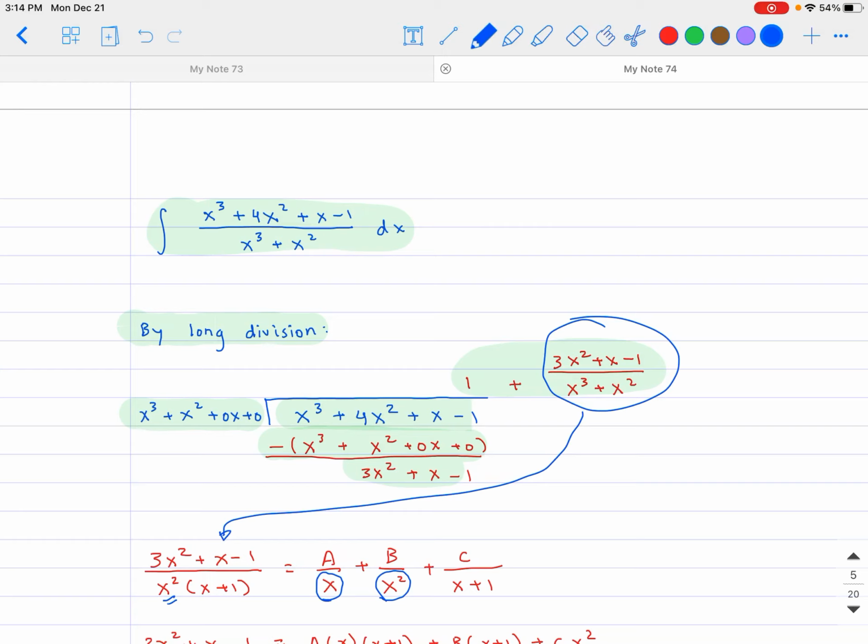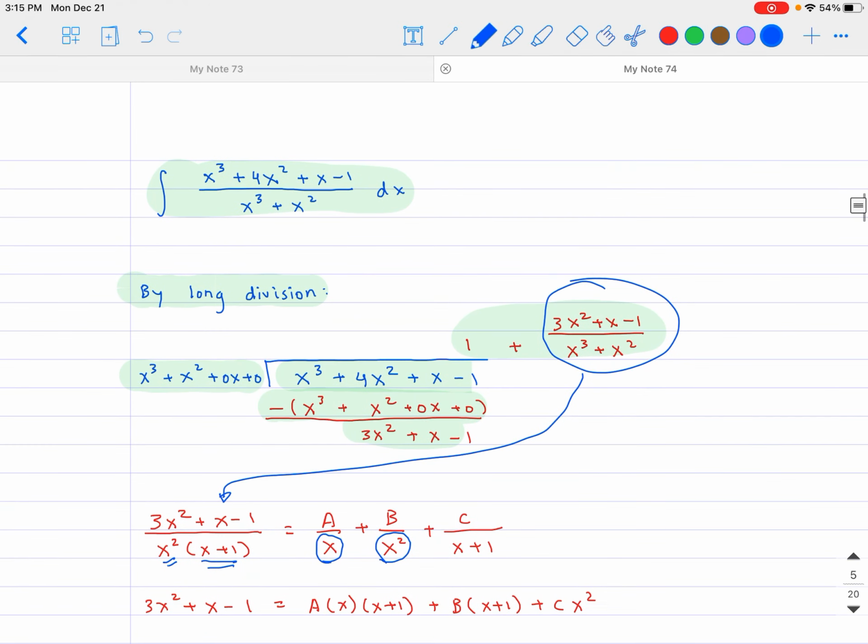So the first partial fraction is a over x, the second partial fraction is b over x squared, and the third partial fraction is according to the last factor, which is x plus 1. So that's c over x plus 1. Now we're going to multiply both top and bottom by the common denominator, which is x squared times x plus 1. And then we have this guy that's down here on the bottom.